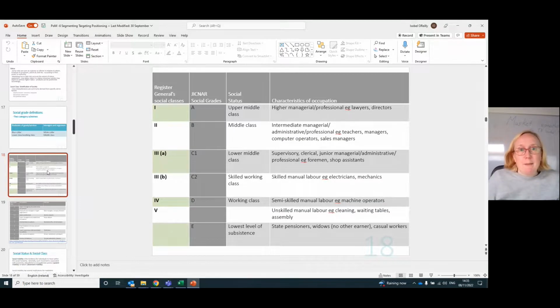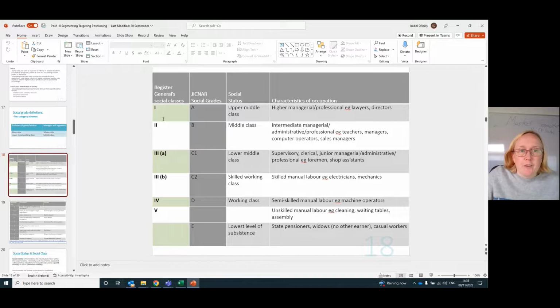And so we've got, you can see different columns here. On the left, we've got the Registrar General's social classes. These would be quite widely used and well known. And a further definition slightly after that, which doesn't roll off the tongue, JICNAR social grades.